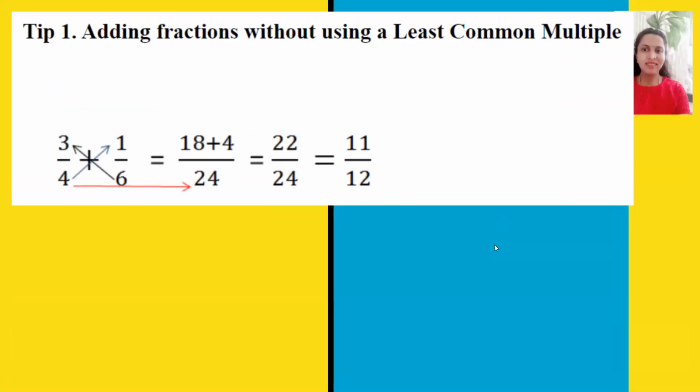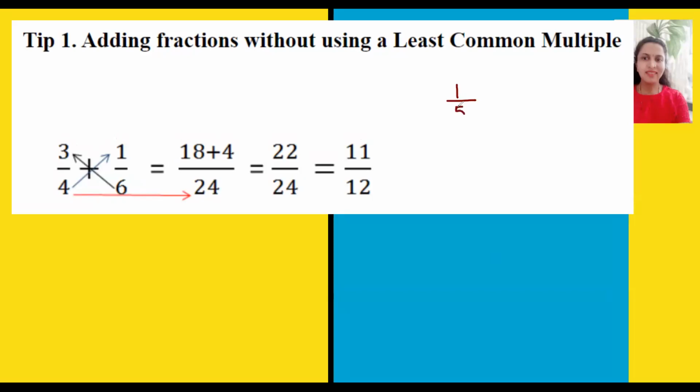Now, adding fractions. First we'll see the case of like fractions. Whenever we have like fractions, the numerator will be added to the numerator and the denominator will be written as it is. So the answer will be 5 by 5. Very easy. Okay, now take one more case.